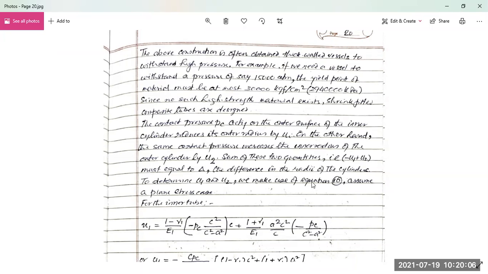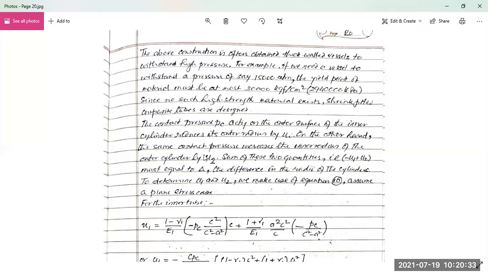This is the conception. The contact pressure, the pressure between the contact surfaces, when acting on the outer surface of the inner cylinder, reduces its outer radius by a certain amount U1.